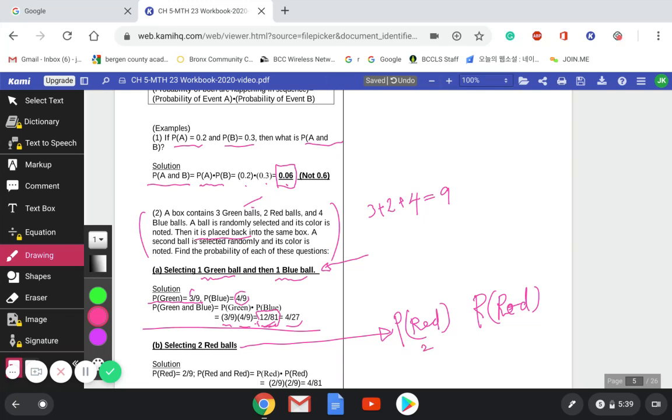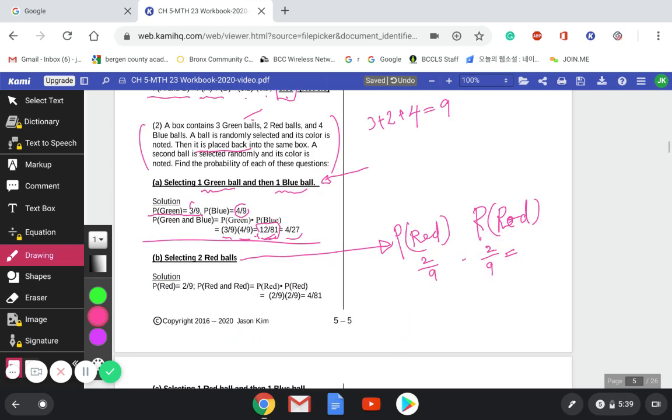And the second event is another red, but because you put all the balls back, it would be 2 out of 9 again. So the probability of red and red would be 2 of 9 times 2 of 9. So it would be 4 over 81.